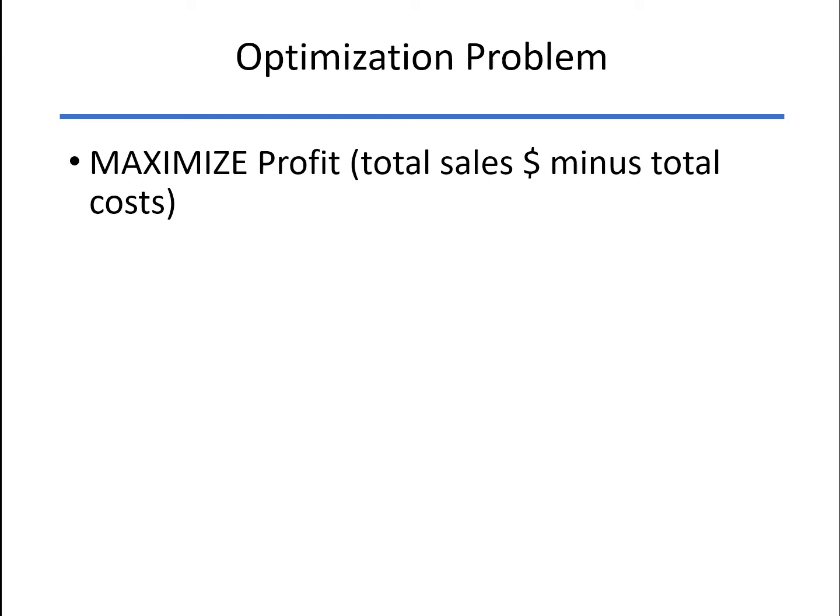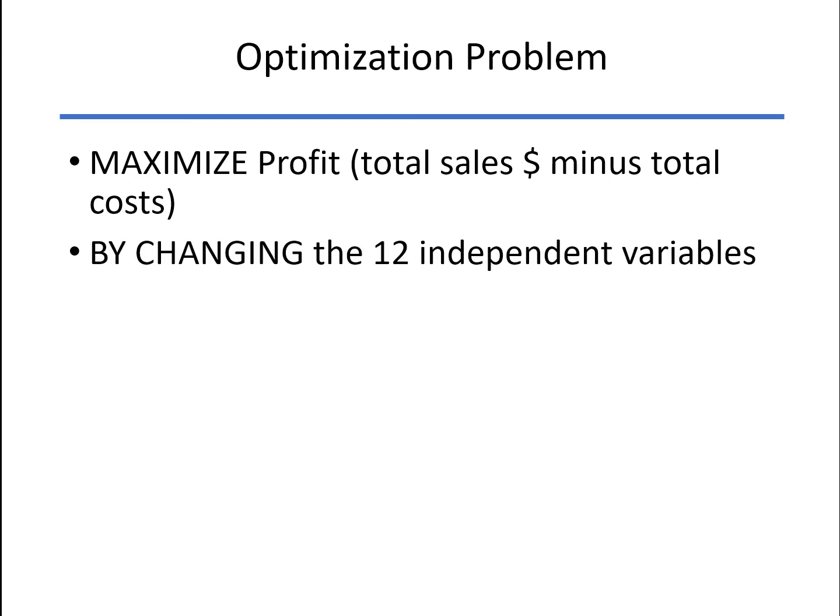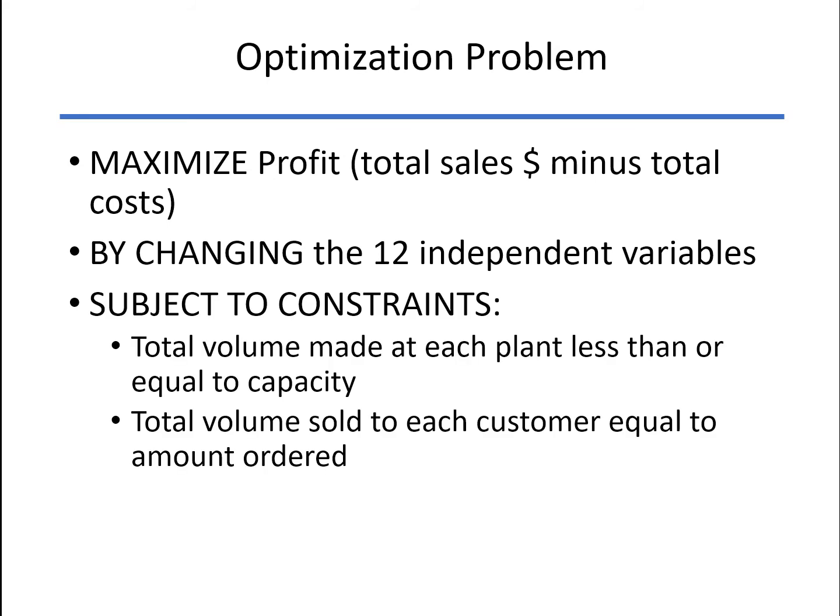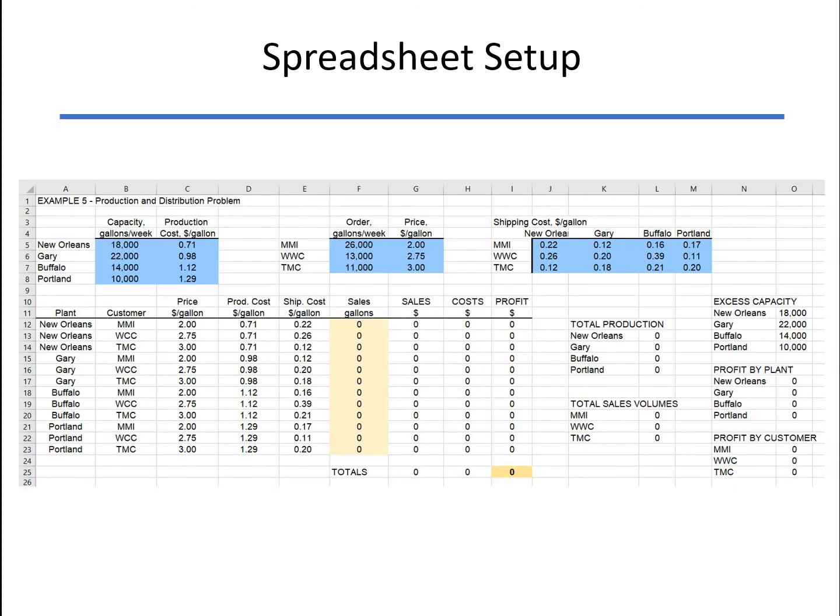So total sales minus total costs. We want to change the 12 independent variables, but we have constraints. We can't make it all in one plant because they have various capacities, and we have to fulfill the orders we have from each of the 3 customers.